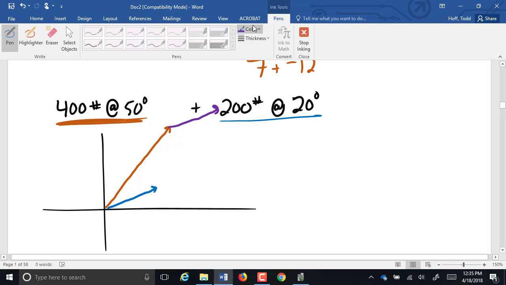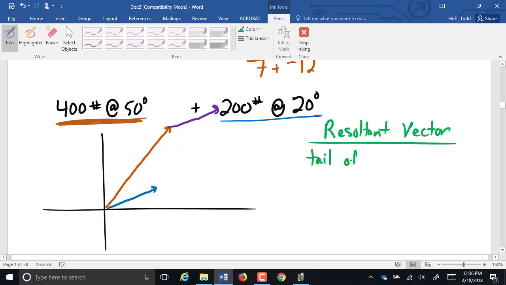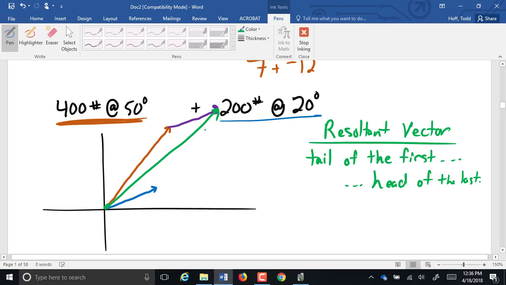The resultant vector is the combination of 2 or more vectors, but it is from the tail of the first vector to the head of the last vector. So this is the tail of the first vector, this is the head of the last vector. That is the resultant vector in green. Well, how on earth do we find that amount?